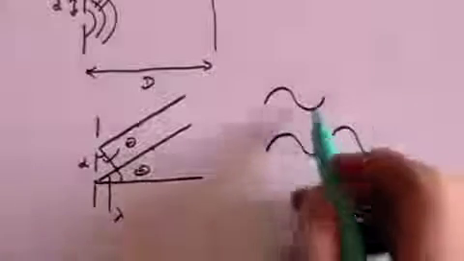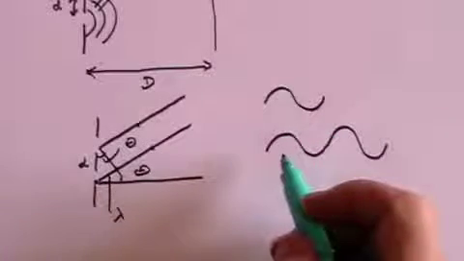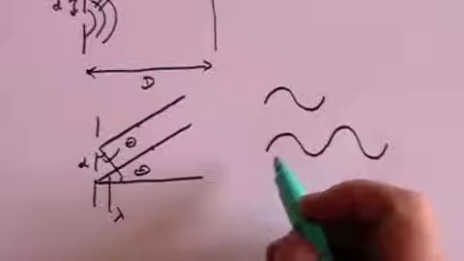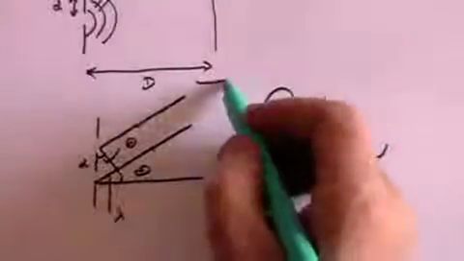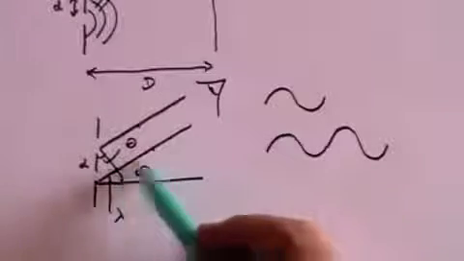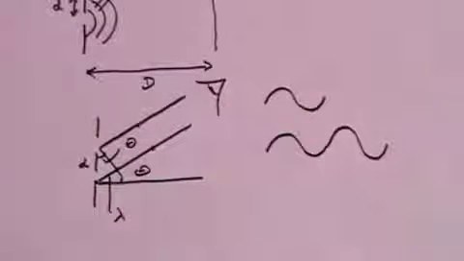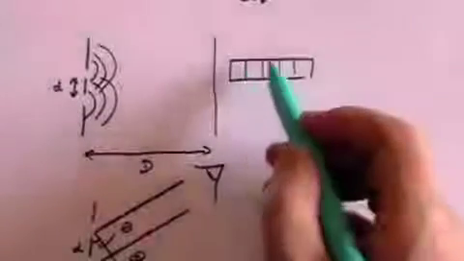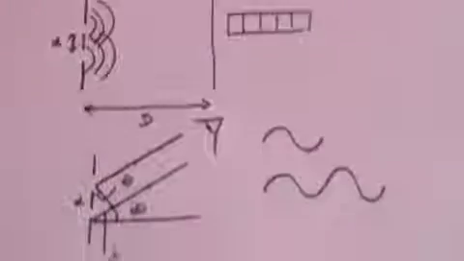And that means that they will reinforce. You will get constructive interference. So if you are looking at the combined effect of these two beams, what you will see is a constructive interference, a bright light, and that is one of the bright fringes that you will see.